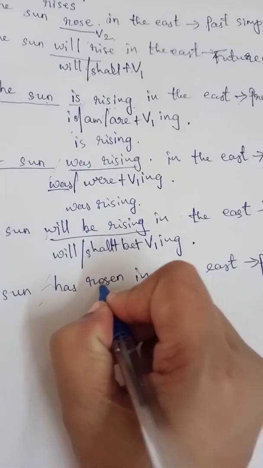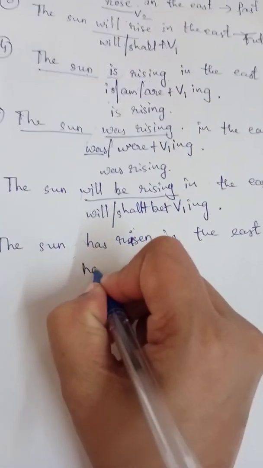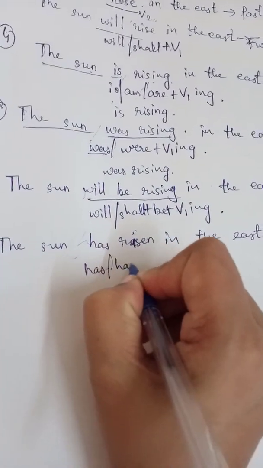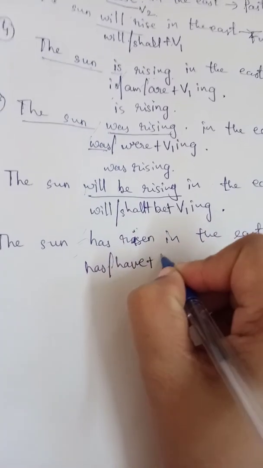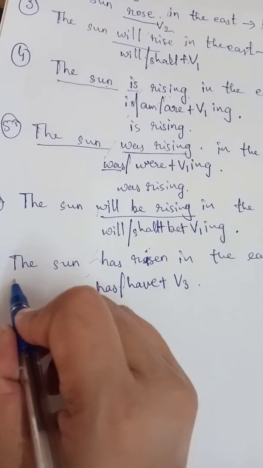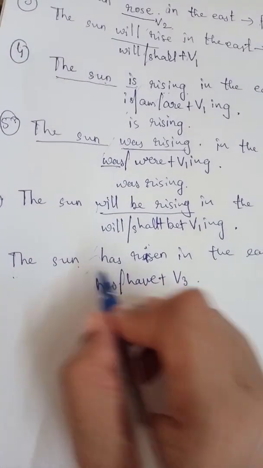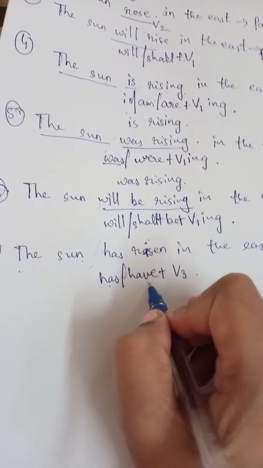The sun has risen in the east. So, in the present perfect, how will it be? Has or have plus V3. So when the subject is singular, you will use has. When the subject is plural, you will use have.